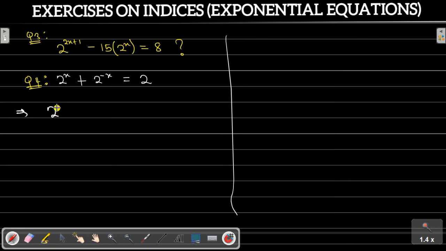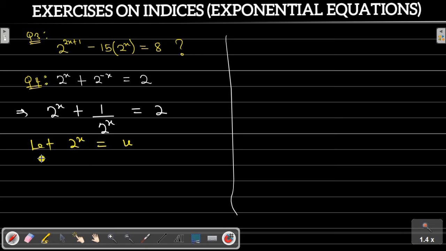Try to first of all put this one in this form, that is, remove the negative power. So this will be 1 all over 2 raised to the power of x equal to 2. At this point, let's give a name to that 2 raised to the power of x. Let 2 raised to the power of x be equal to, let's use u now.